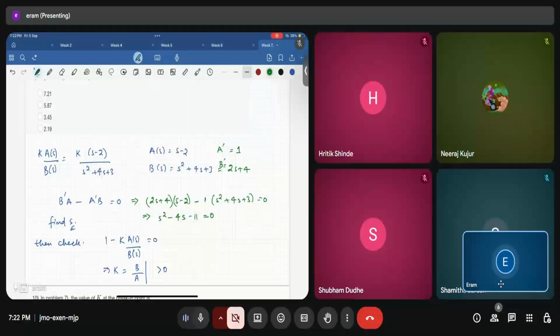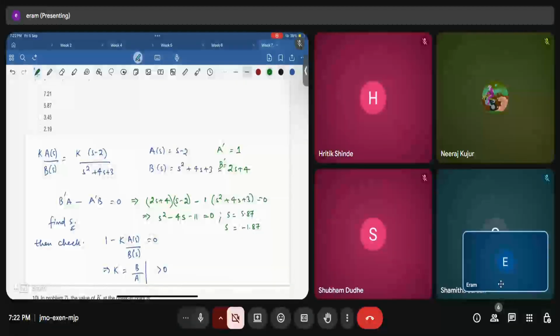Okay, then solve for s. So when you solve, you will get s equals to 5.87 and another s will be equal to minus 1.87.